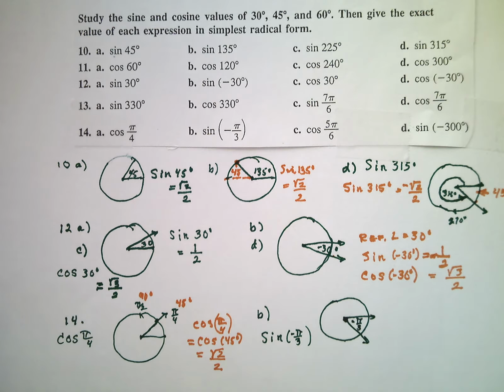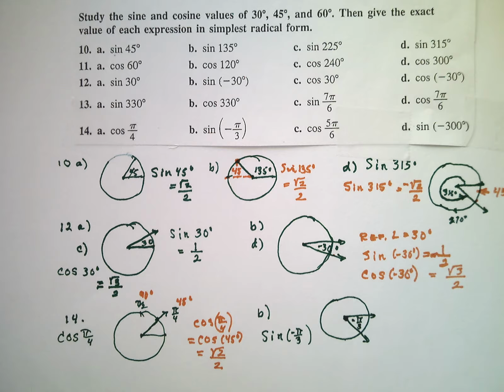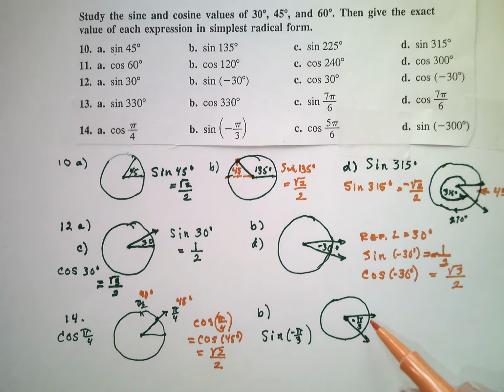Now, if you don't have the radian values memorized, we're going to have to change this pi over 3 into degrees. If you know that pi represents 180 degrees, then negative pi divided by 3 is going to be equivalent to negative 60 degrees.